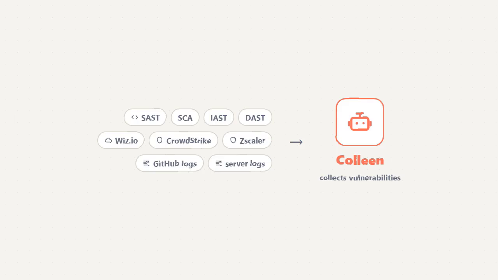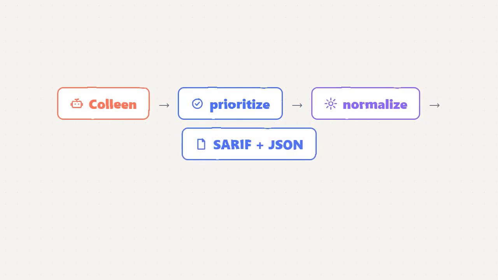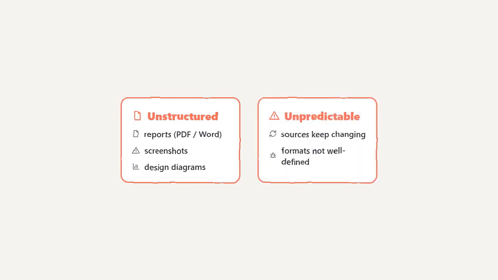Colleen's job is to prioritize the data with the highest value, normalize it, and store it in a standard format like SARIF and JSON. At this point, you might be thinking this can be done programmatically, right? Yes, but a lot of this data is unstructured and unpredictable. The unstructured data is from reports like PDF and Word reports, from sources where we don't have API access, and also screenshots and detailed diagrams.